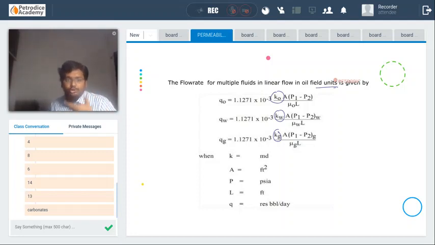There is more to understanding effective permeability, and we will do it in the next classes. For now, try to understand the difference between absolute and effective. Effective comes into play when there is more than one fluid in the system, because there is not only the viscous regime, the capillary regime also will come into play.